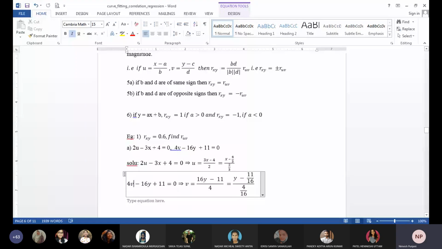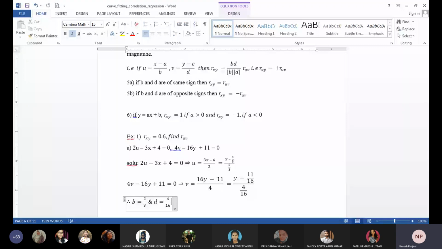So now, what is the value of b? The value of b is 2 upon 3 and the value of d is 4 upon 16. We compared with property number 5 to find the values of b and d.